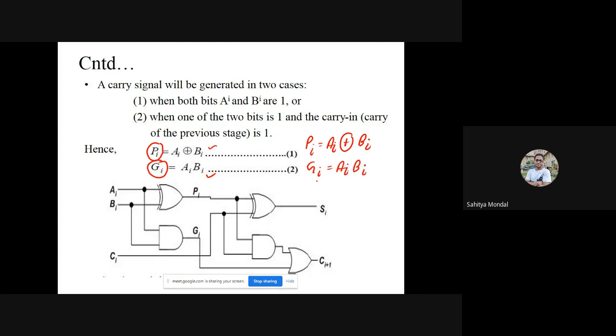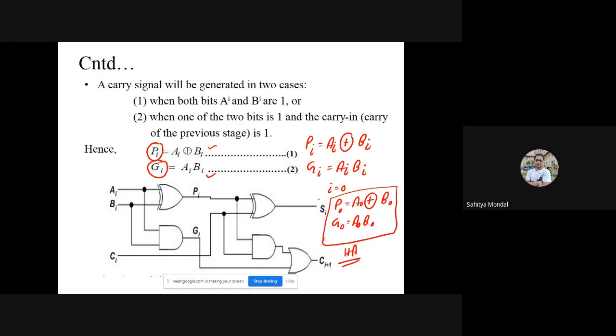Now if i equals 0, what will be the expression? P0 equals A0 XOR B0 and G0 equals A0 AND B0. This is nothing but the expression from our half adder side.